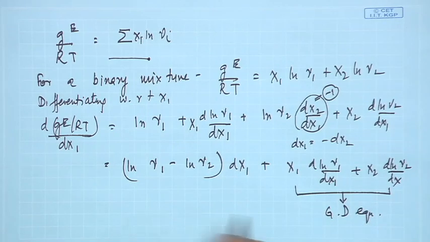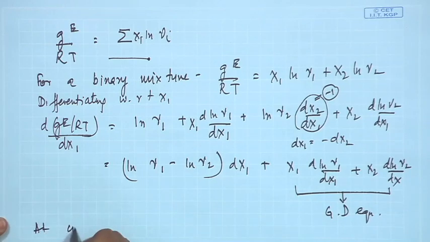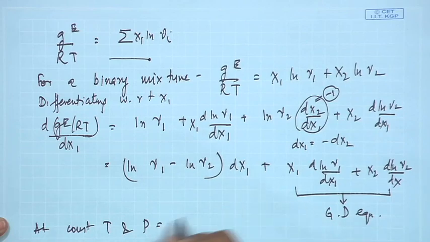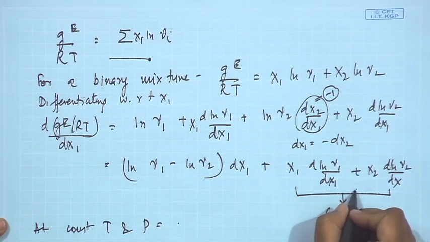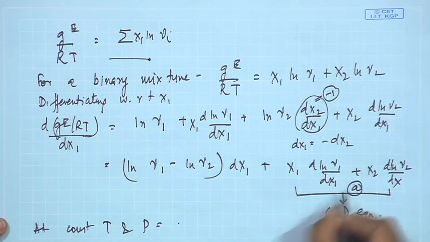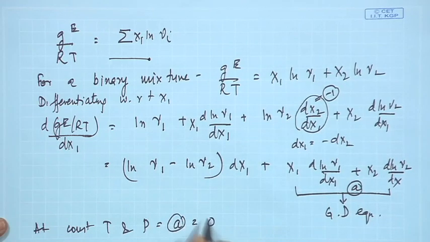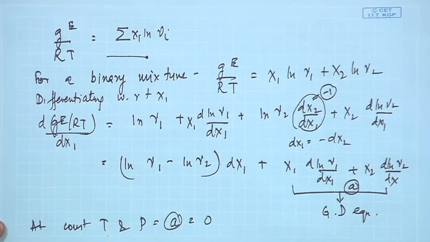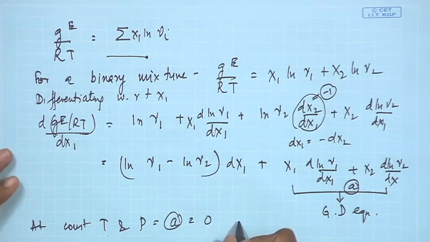At constant temperature and pressure, this particular term equals 0. Suppose I write this term as A, then this A term becomes equal to 0, provided we are working at constant temperature under isothermal isobaric conditions.